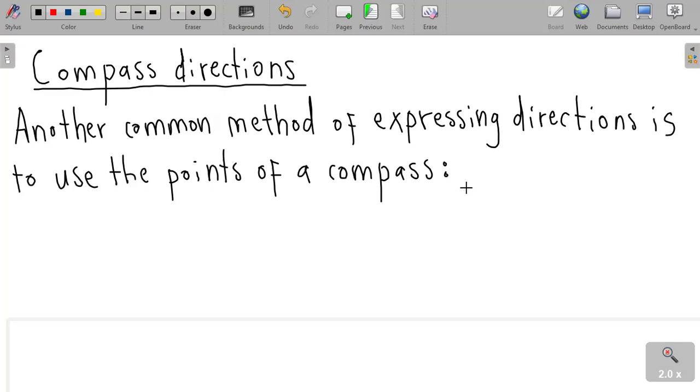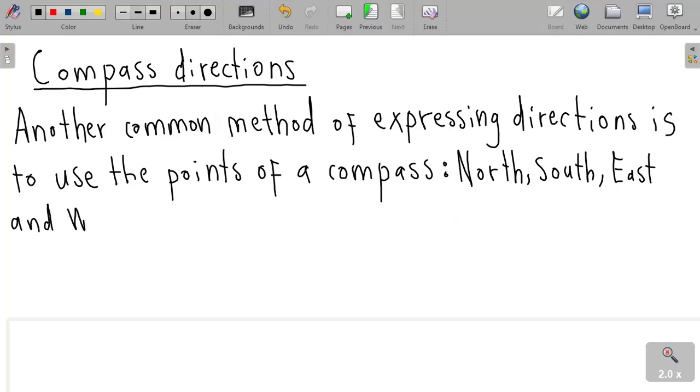So what are the points of a compass? It's north, south, east, and west. These are the 4 points of the compass. And then we say what?